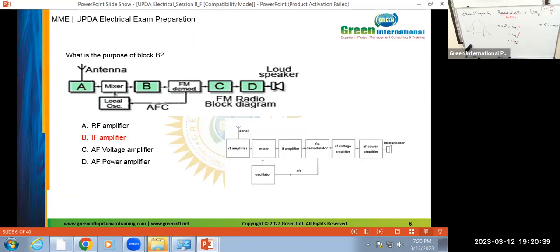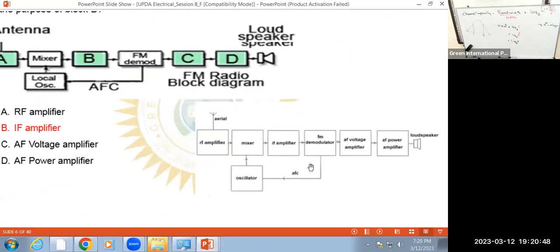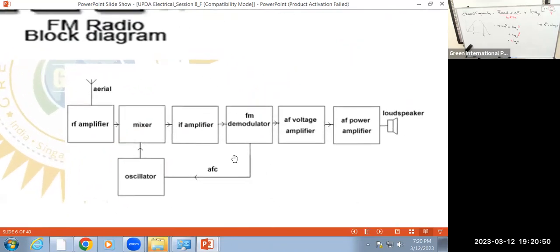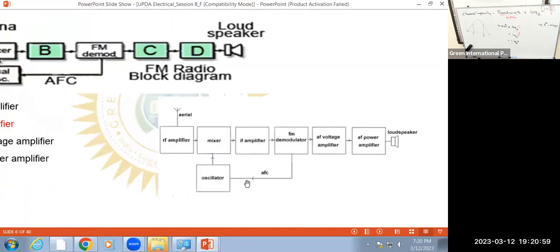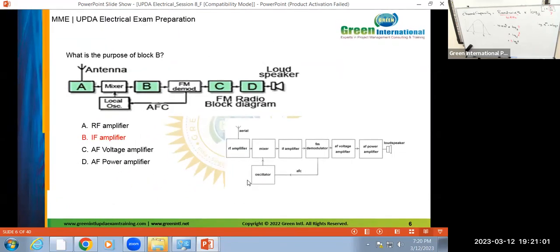Block A refers to the IF amplifier, B refers to RF amplifier, mixer, IF amplifier, AF amplifier like this. So we compare these two, A, B, C, D. So now we have the answer for B. B refers to the IF amplifier, that is intermediate frequency amplifier. RF stands for radio frequency.